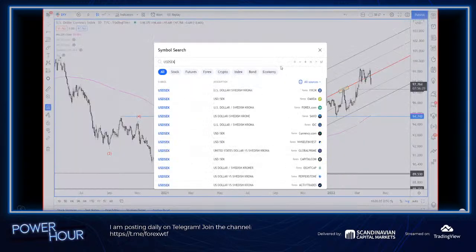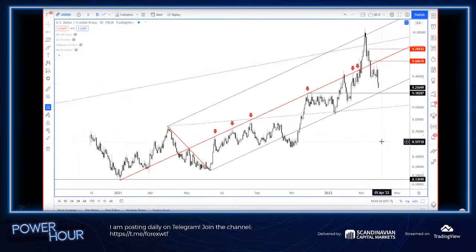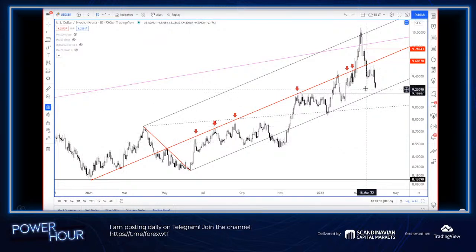All right, let's go straight to dollar Swedish krona, and then we'll go to euro. So remember last week we did highlight the fact that we had broken the center line. Again, this is the same fork, same dates really, that we just looked at on DXY in terms of the structure that was drawn.